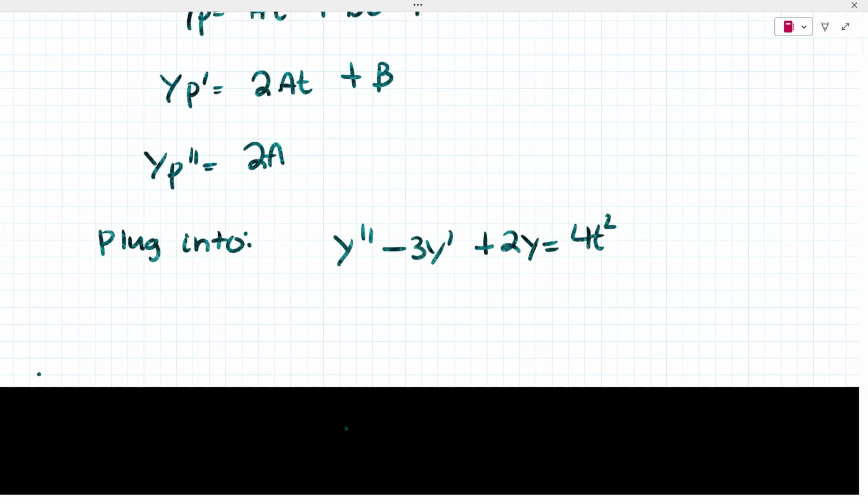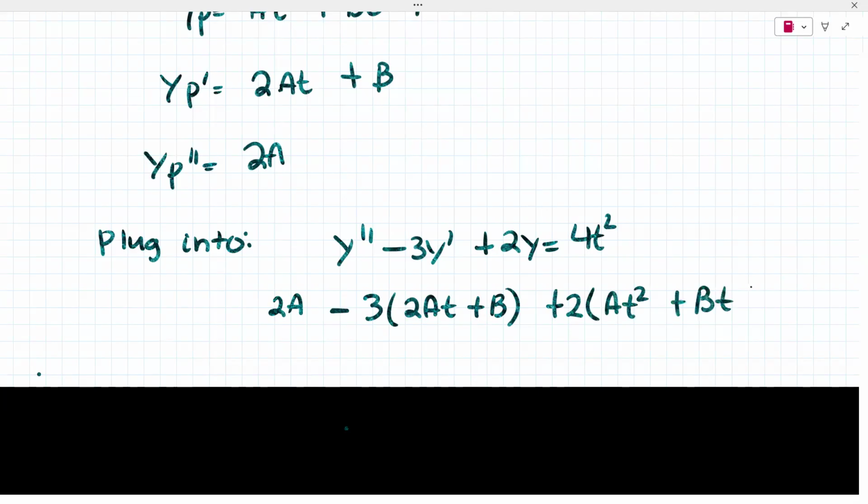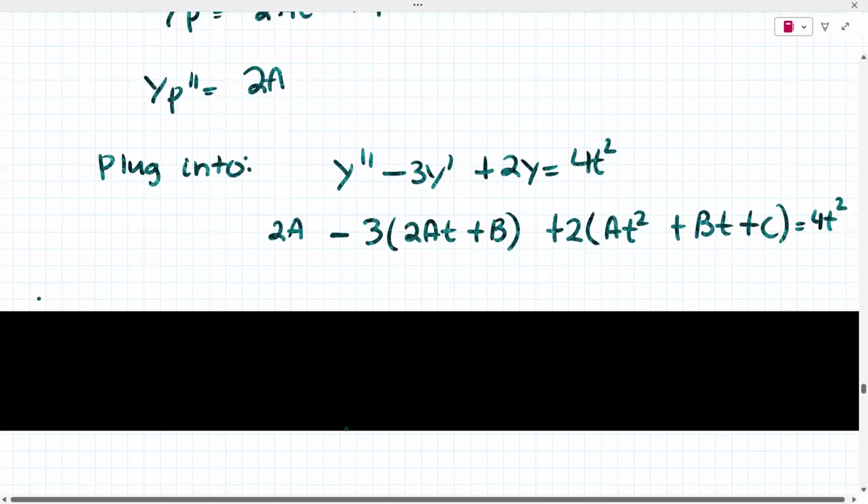Okay, so my y double prime is 2a, minus 3 times y prime, so that's going to be 2at plus b, plus 2 times my y, which is at squared plus bt plus c. And then it equals 4t squared. So you're going to have to FOIL and clean it up.